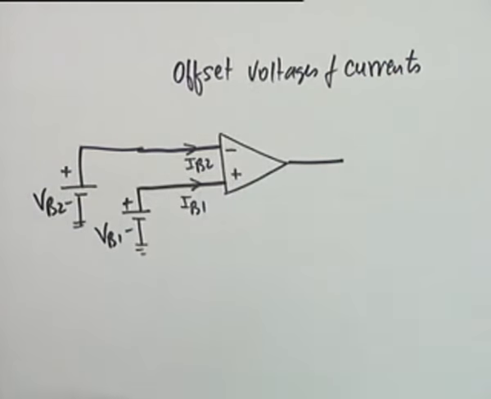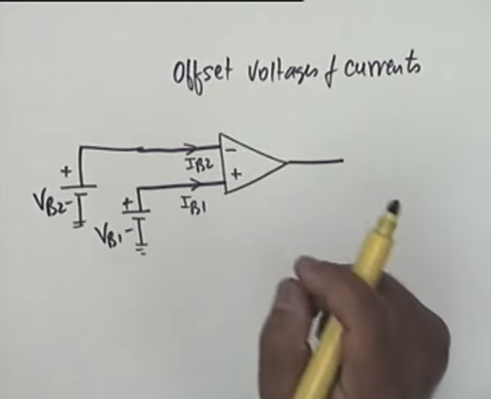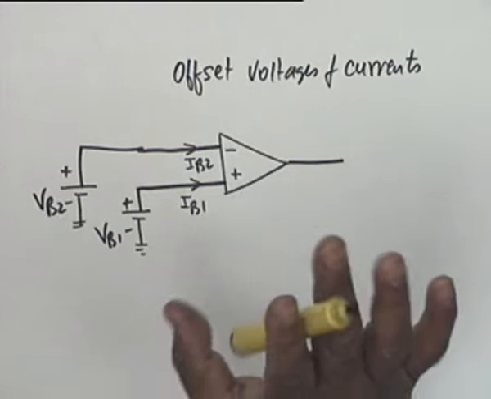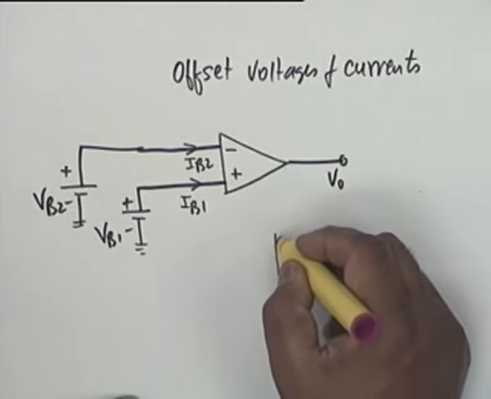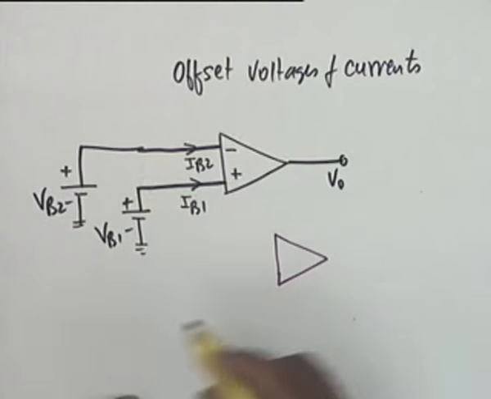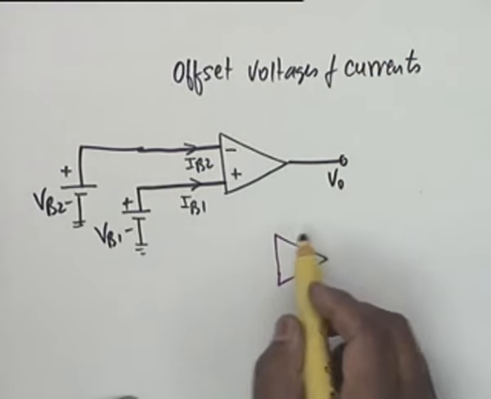The problem arises when VB1 and VB2 are not identical and IB1 and IB2 are not identical. If they are identical, then there is no offset, and this is V0. This can be further modeled like this. We take the effects of these two offsets separately.